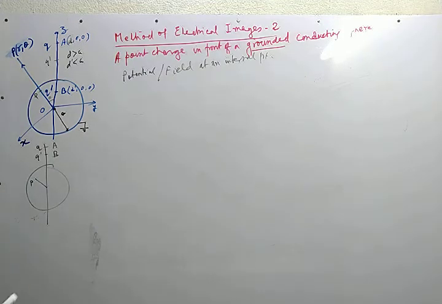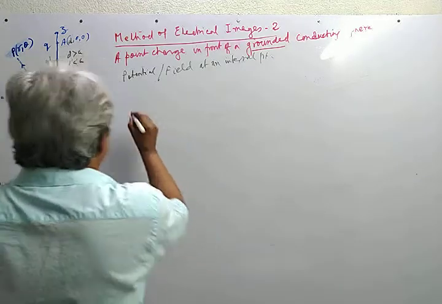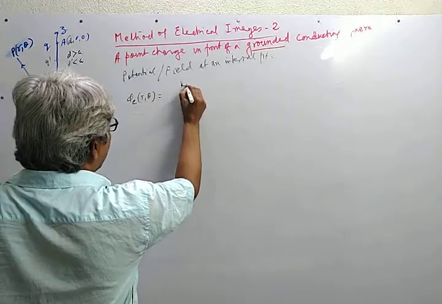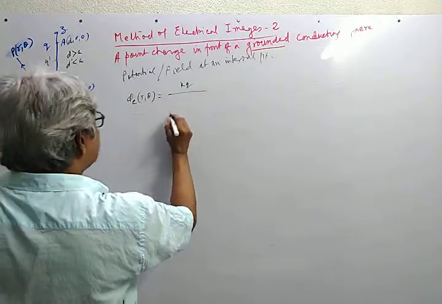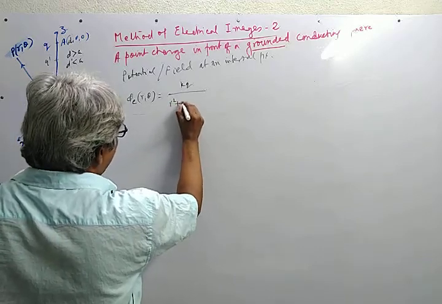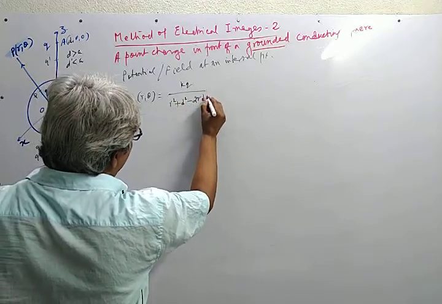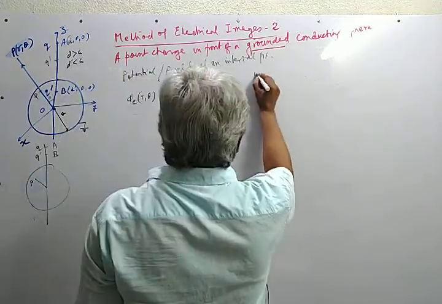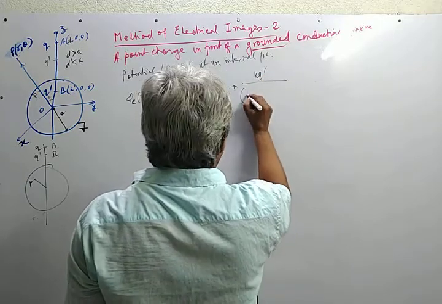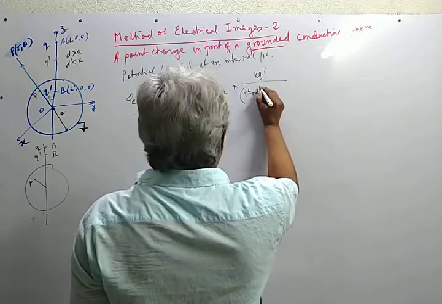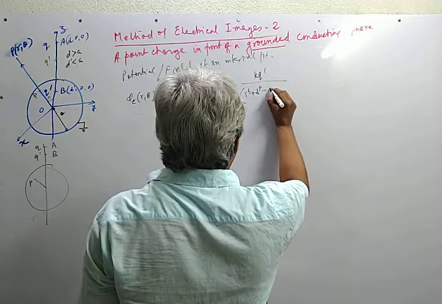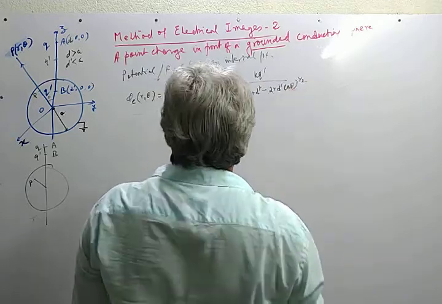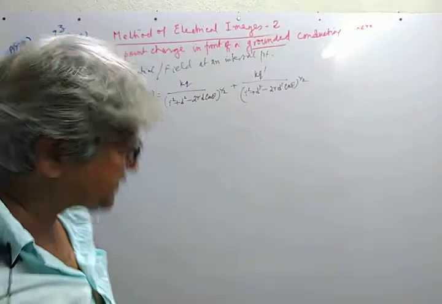So with the same approach, we find the potential at r, theta to be kq over r square plus d square minus twice r d cos theta to the power half, and for the image charge, kq prime over r square plus d prime square minus twice r d prime cos theta to the power half, and the potential is 0 on the surface.